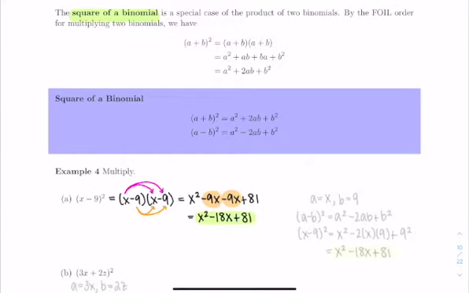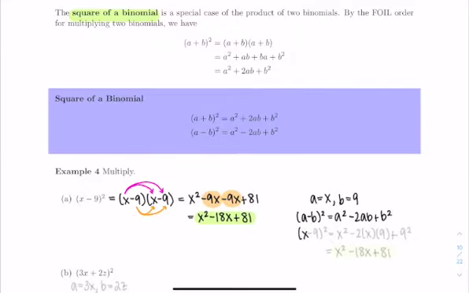Now, if you wanted to just memorize the formulas, the first thing is we need to see what is A and what is B. So A in this case is x, and B is 9. We need to plug it into the second one because it's A minus B squared. And we should get A squared minus 2AB plus B squared.